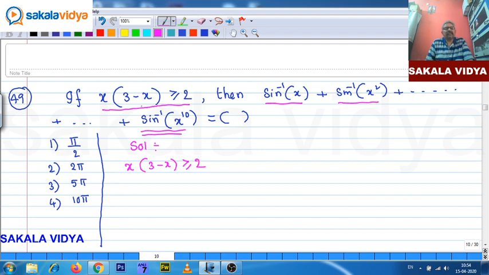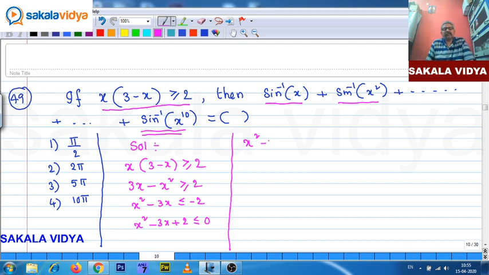First, we need to solve this inequation now. 3x minus x square greater than or equal to 2. Multiply minus 1 on both sides, we get x square minus 3x less than or equal to minus 2. So, now x square minus 3x plus 2 less than or equal to 0. So, now we have factorization, let us do it now.